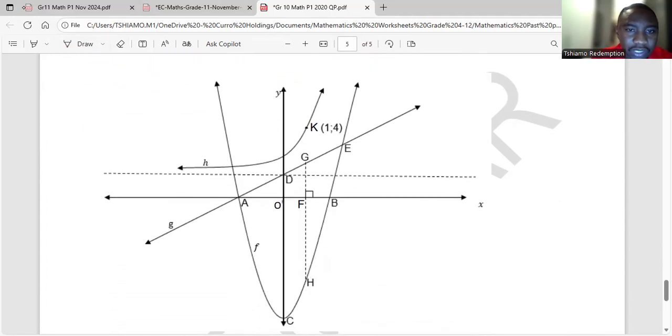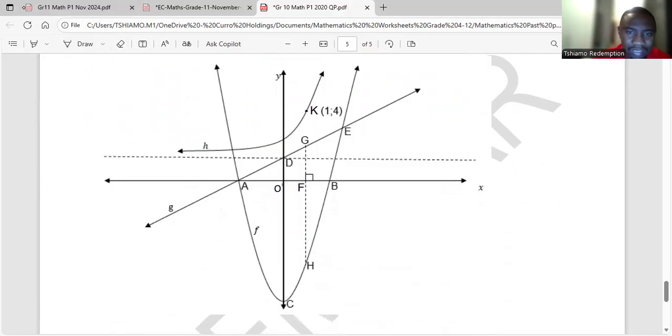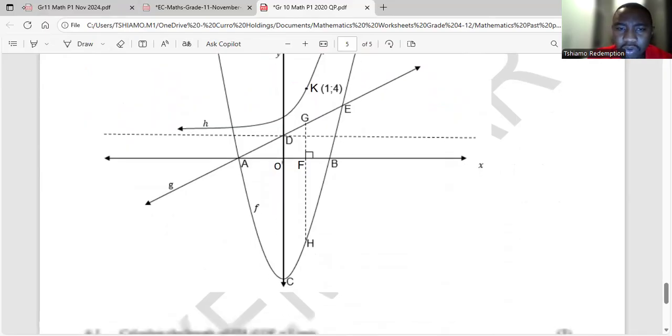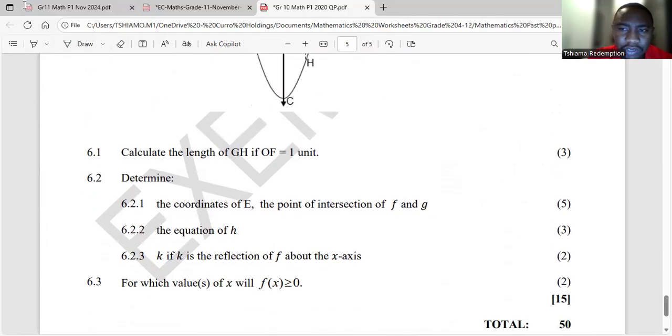Okay, now let's look at the graph. All the letters are given, beautiful. So usually you can just find all the values, or just answer it question by question. Calculate the length of GH if OF is 1 unit.